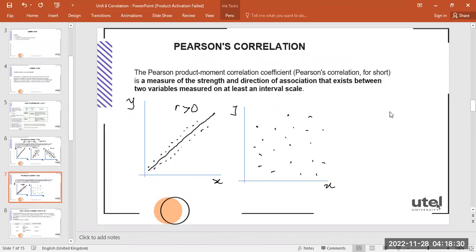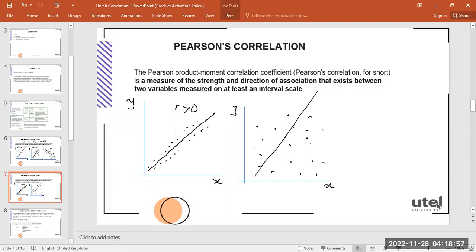Now the last but not the least type of relationship is something of this form. You can see that if we attempt to draw a straight line here, there is no discernible pattern.